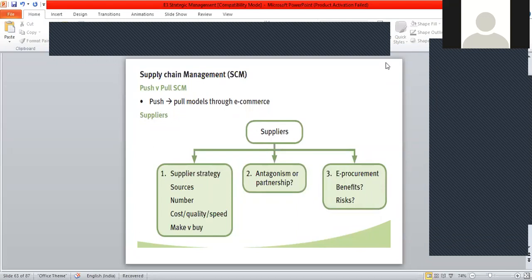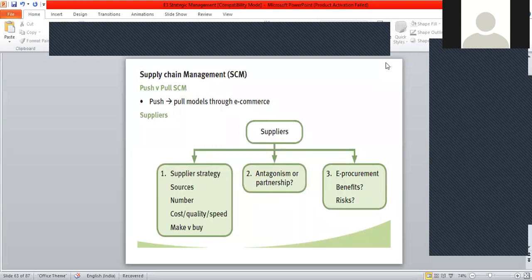Fine. First, the push system, the traditional way, it understands who the suppliers present in the market are. Request is placed with the suppliers to present their quotation.